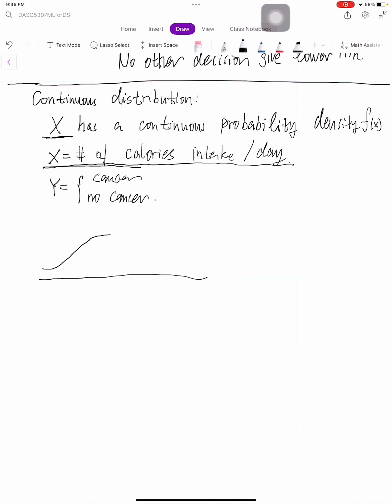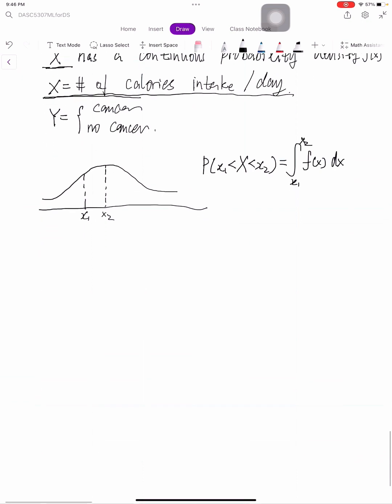But how do we find out the probabilities of the continuous random variable? Usually it can be described by the density curve, and the probability of the continuous random variable x between two values x1, x2 can be solved by using the integration of the function f(x) from the value x1 to value x2.